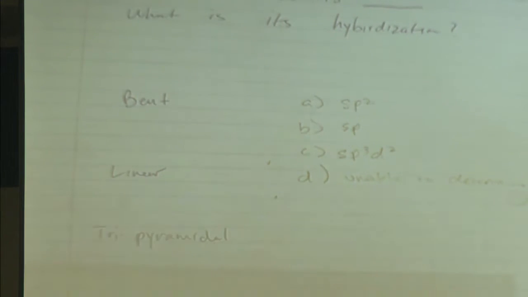What would you guys pick as the answer? D. Why D? There's not enough information because we can have bent with 3 electron groups, 1 lone pair, or 4 electron groups, 2 lone pairs. So if I tell you that this structure is bent, how many electron groups are there, what is the hybridization, your response should be, I don't know, because I need more information.